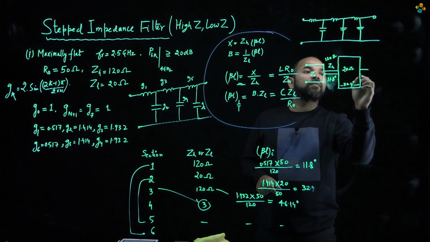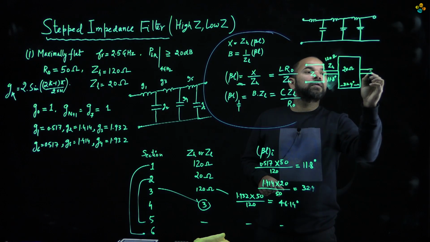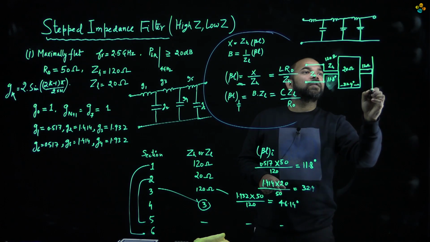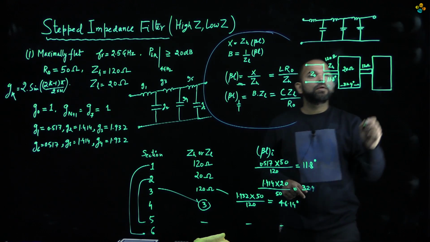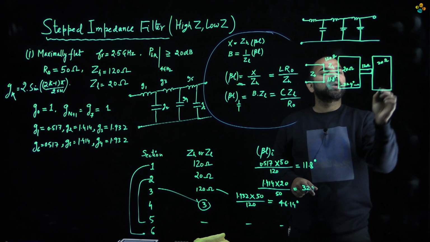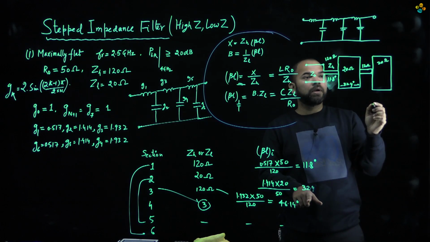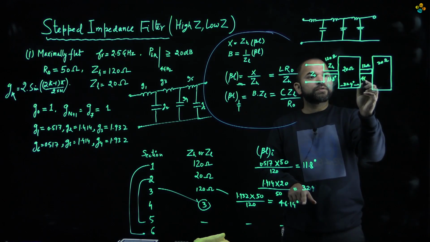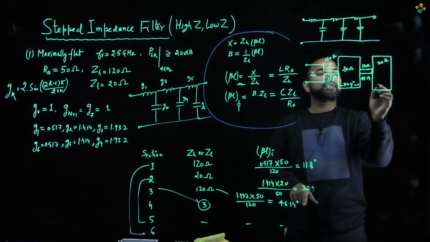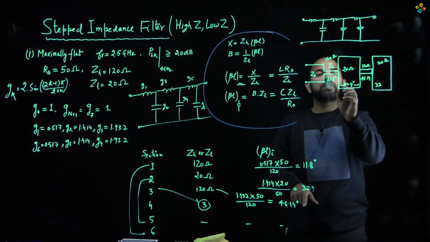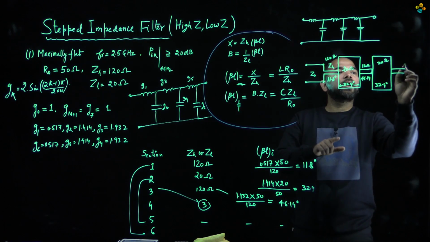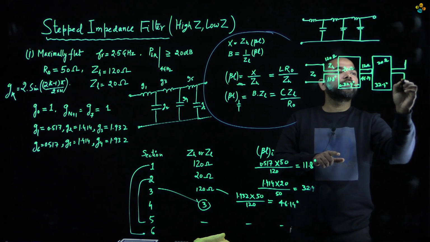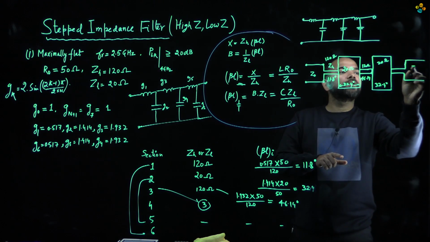Then again we have an inductor with 120 ohm, and then we have again a capacitive line, a low impedance line of characteristic impedance 20 ohm, and the electrical length for this line is 46.14, and the electrical length for this is equal to 32.4 degrees, and then we continue with the same high impedance line, and then it lands on a Z0.